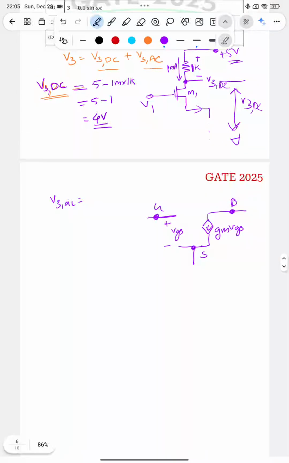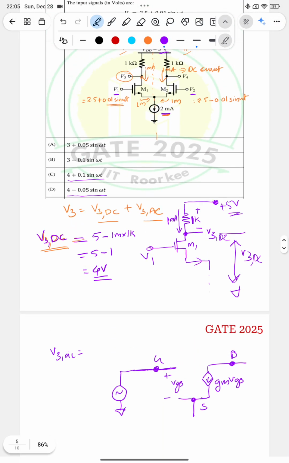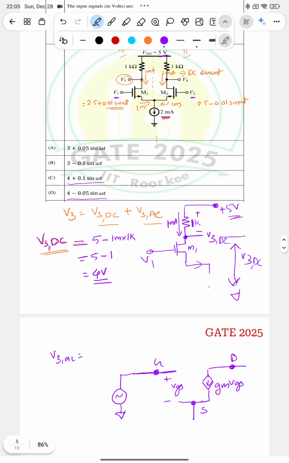So here at the gate the voltage applied is V1. Since it's an AC equivalent, we just need to draw the AC value. What is the AC value here? It is 0.01 sin omega t.